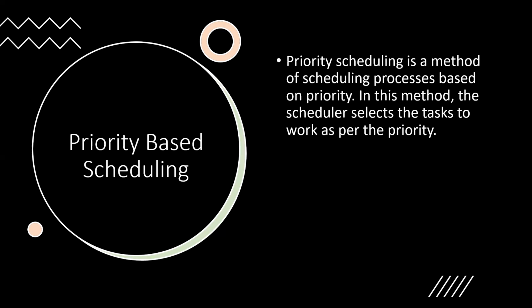In priority scheduling, a number is assigned to each process that indicates its priority level. Lower the number, higher is the priority. In this type of scheduling algorithm, if a new process arrives that has a higher priority than the currently running process, then the currently running process is preempted.